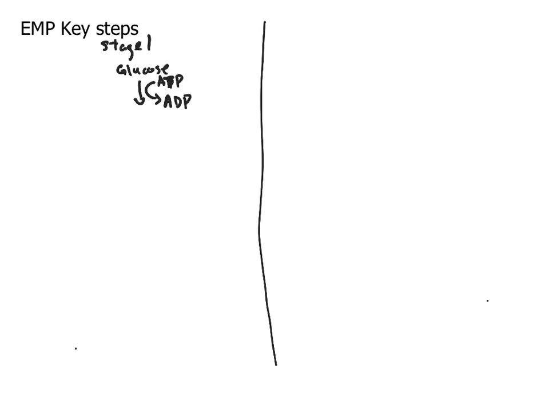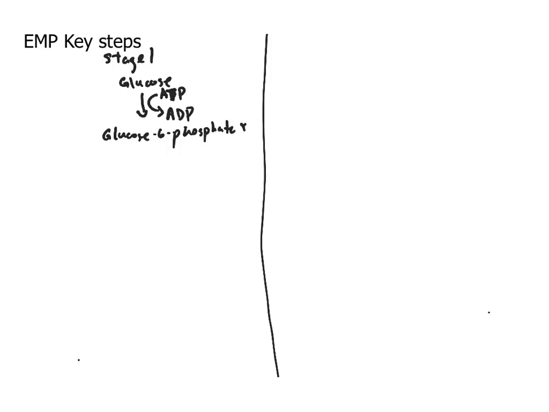You end up with glucose 6-phosphate. This is a good one to remember, because it'll show up in the other pathways too. Just things that you want to be aware of.